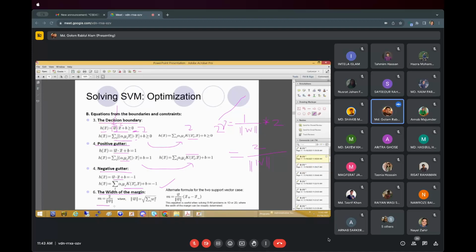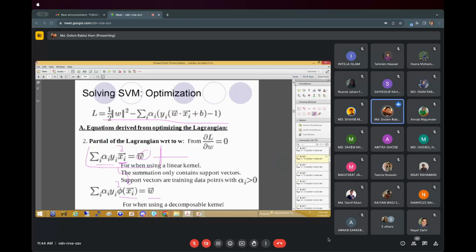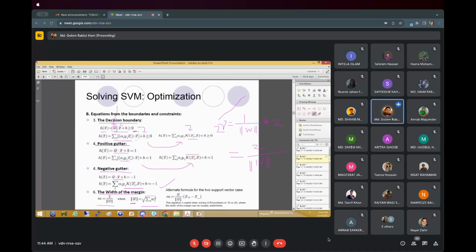So this is the case. And we know that the Euclidean norm is the square root of the summation of W i squared. From this we will get another equation. So from our Lagrangian, we will get two equations by taking the derivative and setting the value equal to 0, and some other equations we will get from the constraints, and also from the positive and negative gutters.